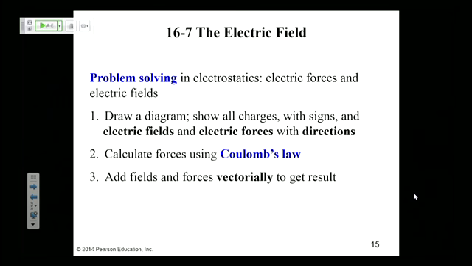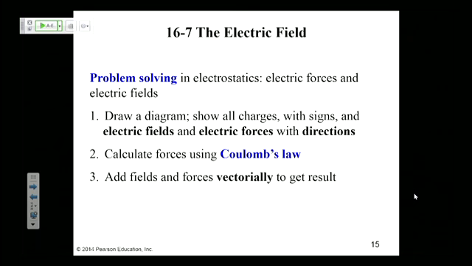Strategy to solve electric field problems. You need to sketch a diagram to show all charges in the diagram with the signs, and then follow the convention that lines from positive charges will be going out, lines for negative charges will be going in.